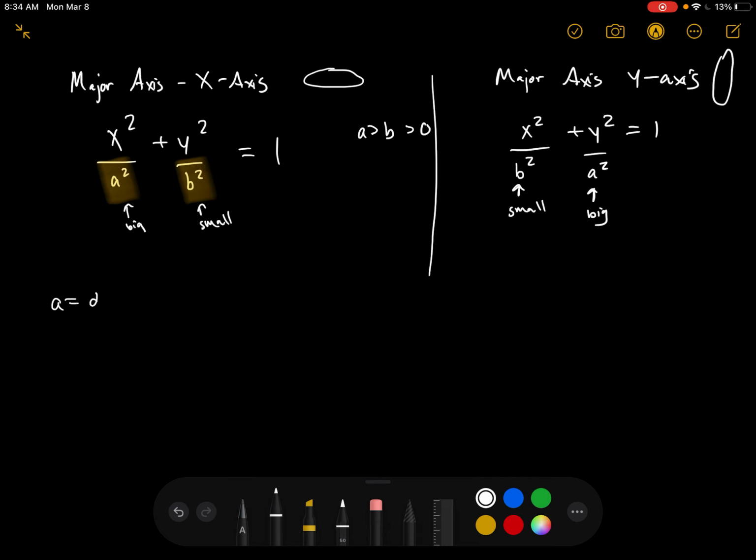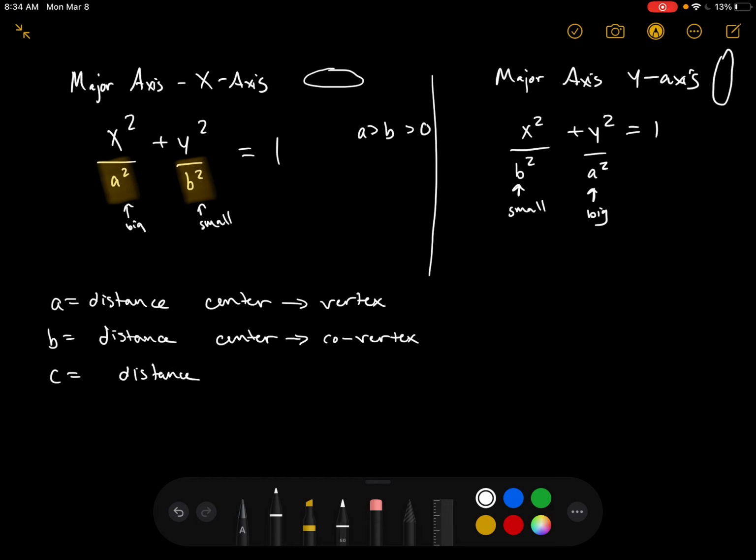And based off of this, a few things that we can identify, some things we need to know. A is the distance from the center to the vertex. B is the distance from the center to the co-vertex. And C is the distance from the center to the focus.